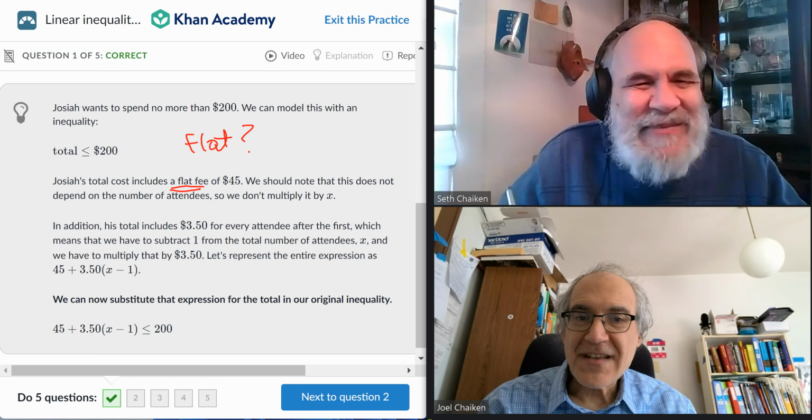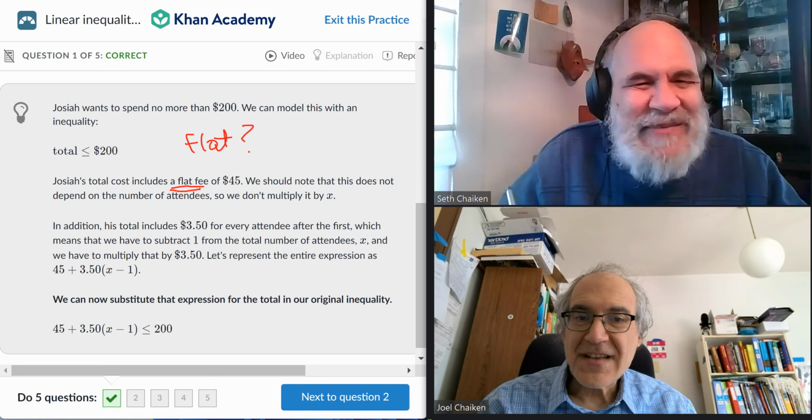How did you learn that flat means fixed? By living and doing enough problems and getting a few things wrong, and they have living experience. The concept of a flat fee is explained in the explanation here.